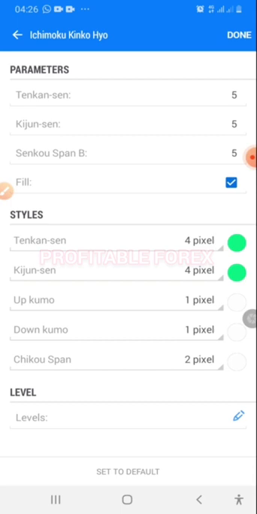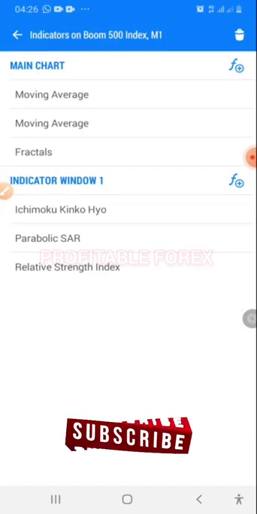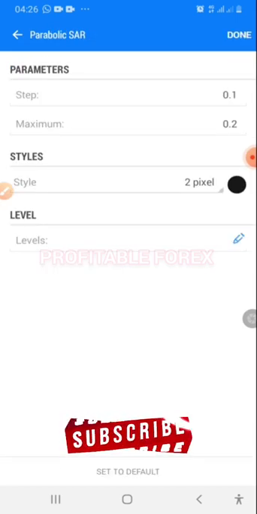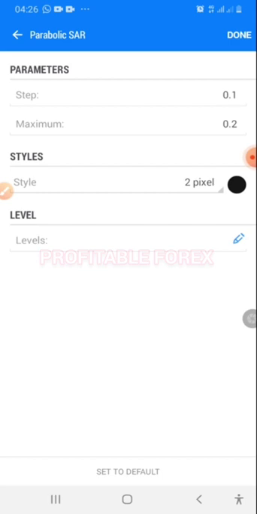For the other ones, use the color of your background and leave them at 1 pixel and 2 pixel. Then you click on done, and then you have your Parabolic SAR, step 0.1, maximum 0.2, style 2 pixel, color black, and you click on done.